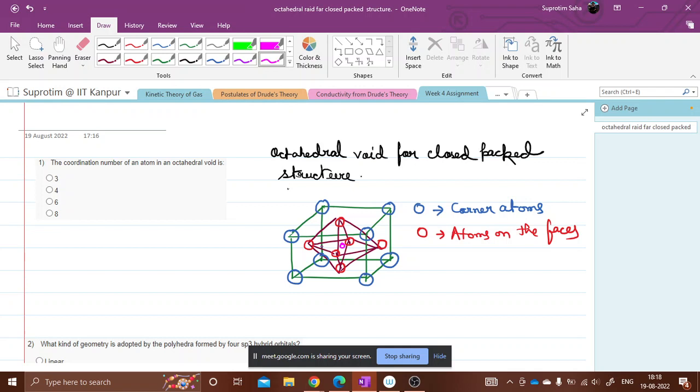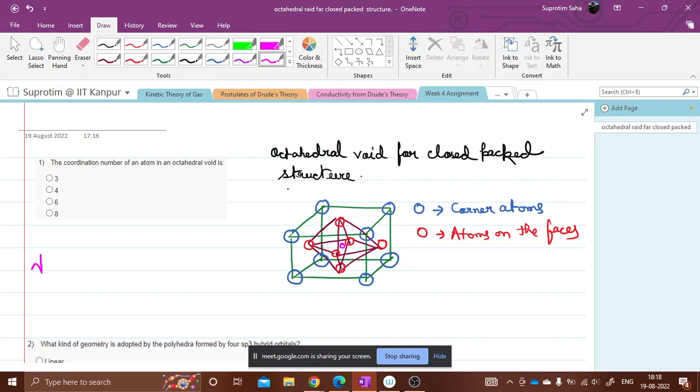As you can notice, these are all regular octahedra. Why? Because they all are at the center. If this is the origin, this is half and this is half.